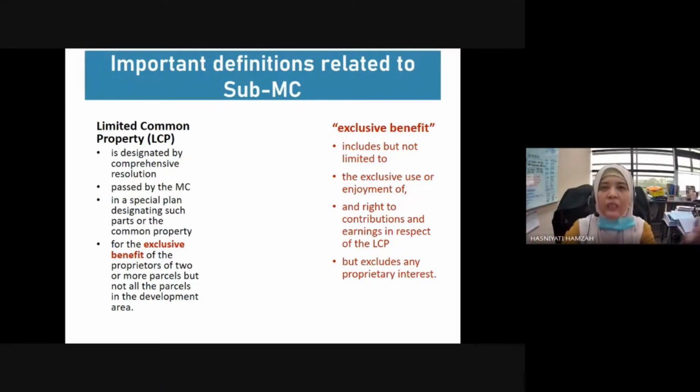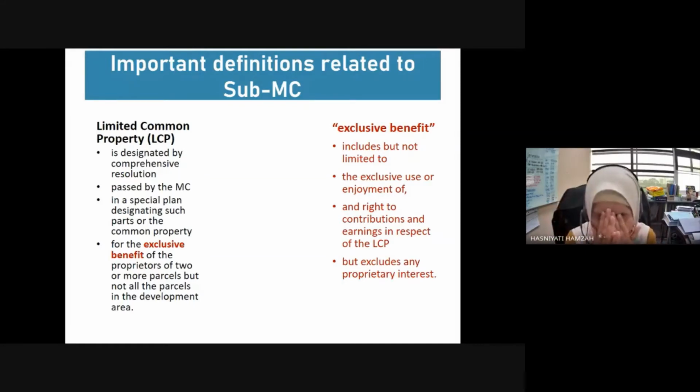The earnings just now go only to the retail users. It will not go to the residential users, the hotel users, or the office users. Okay, so it goes directly to who owns the limited common property.